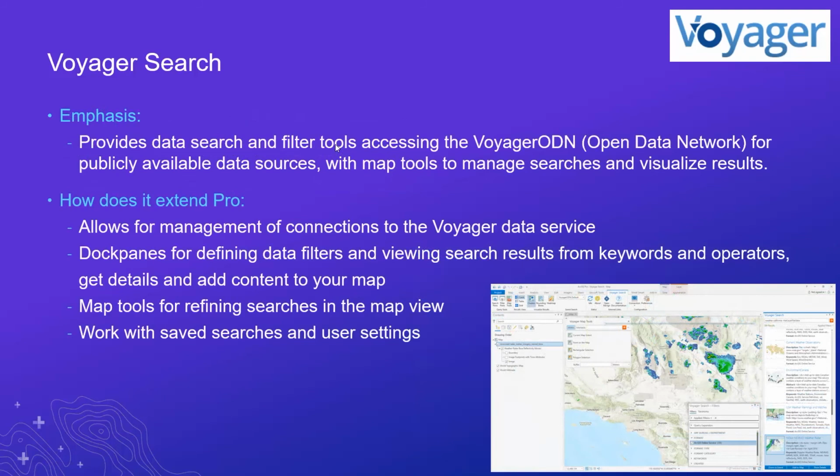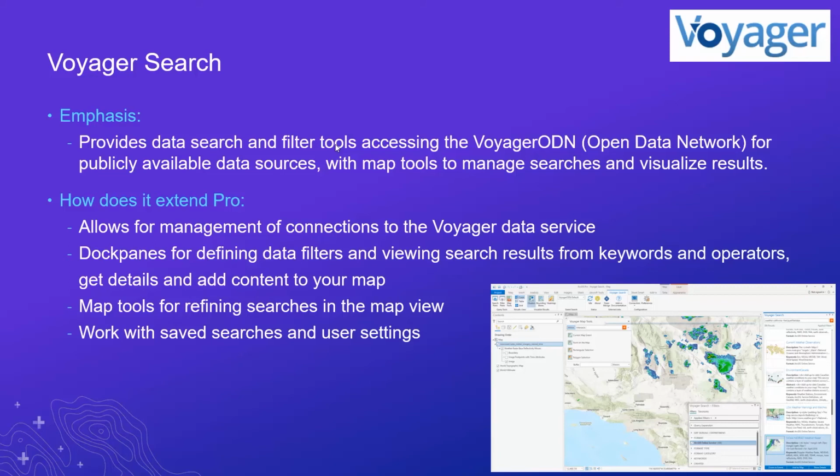So let's look at the emphasis of the Voyager search add-in. It provides data search and filter tools for accessing the Voyager ODN, or Open Data Network, for publicly available data sources, and provides map tools to manage those searches and allow you to work with visualizing and working with the results. It extends Pro by allowing for the management of those connections to the Voyager data service.